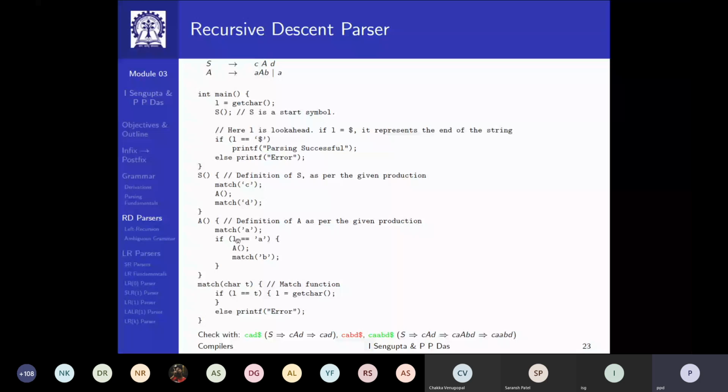If this symbol were different, then you would have required to write it in a different way. So make that observation. We will see later on that there is a strong part of theory based on this, where there's a concept of first of a non-terminal.